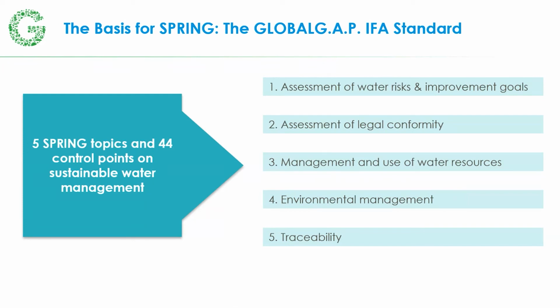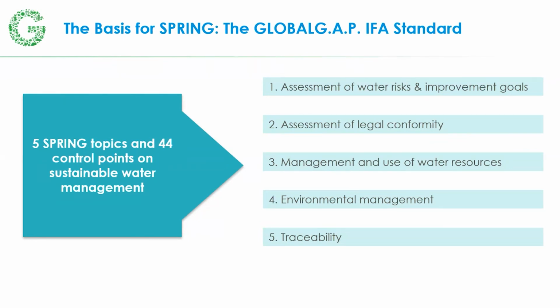In IFA it is a minor point, and in spring it is a major must. Then, if you see that something is repeated, it is because there is an explanation. There is a different requirement, or there is a different level of the requirement. Okay?